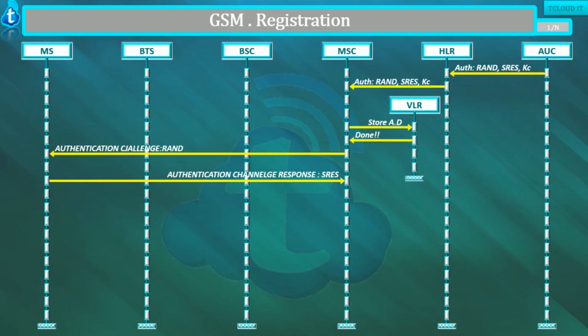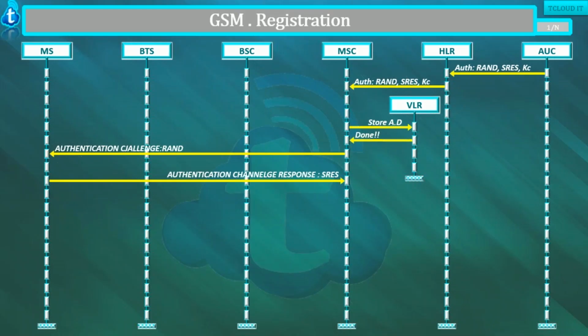That means SRES will be changing every time. Whatever SRES is generated by the mobile for the first time, that won't be the same. Even if somebody captures it in the middle, that hacker cannot use it next time, because next time MSC is going to send a new random number. It expects a new SRES as the output. So that is the purpose of this random number.